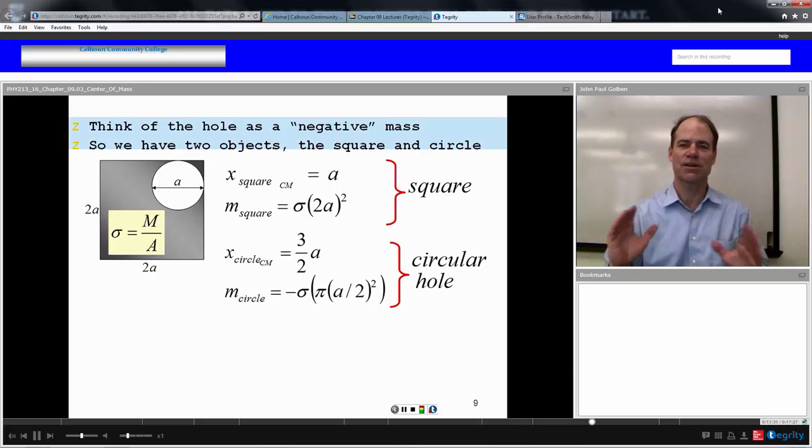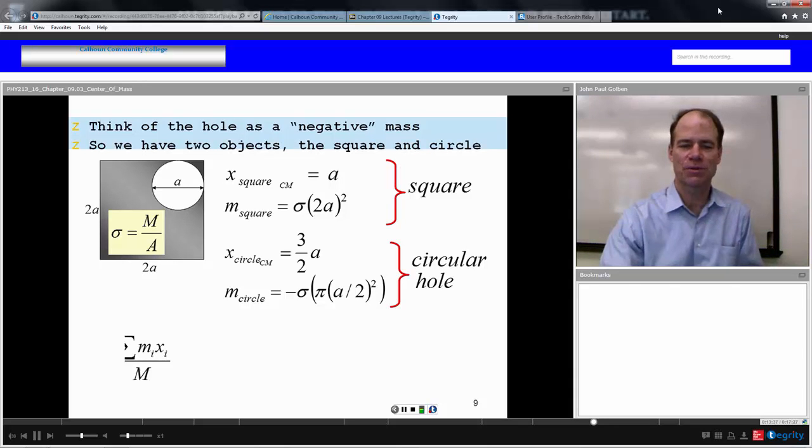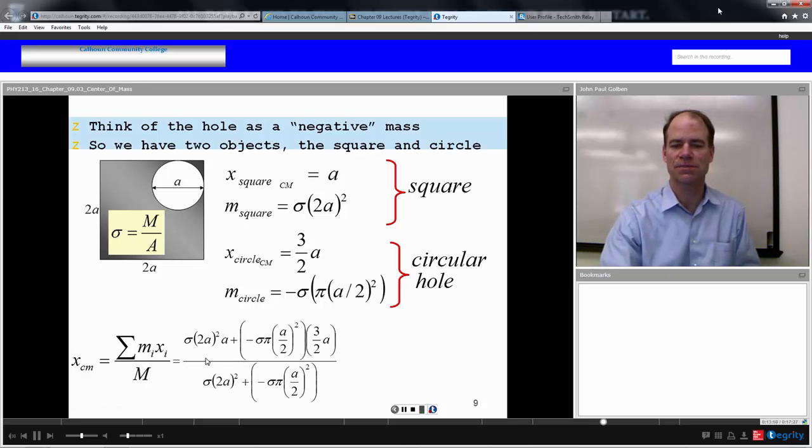If we find the center of mass of these two objects, we would find the location of the center of mass of the combined object. So we're just going to use our summation, one mass times location plus the other mass times location, over the total mass of the system.